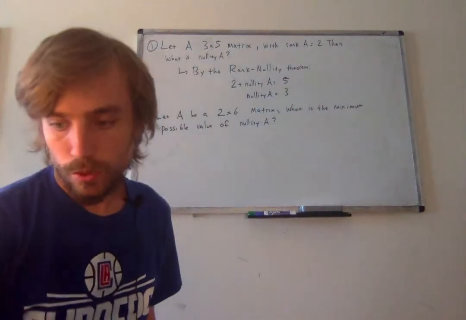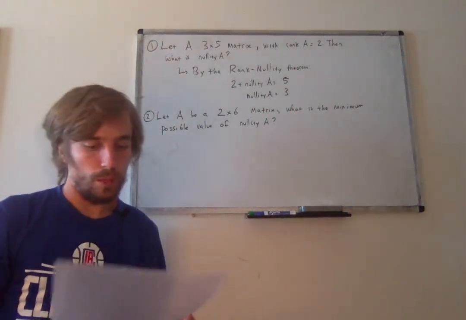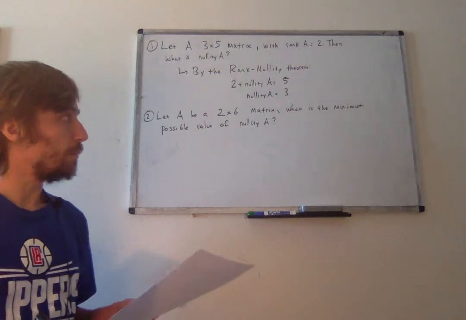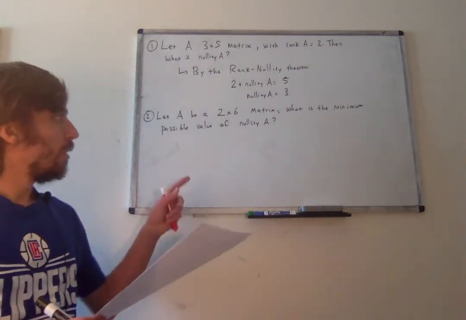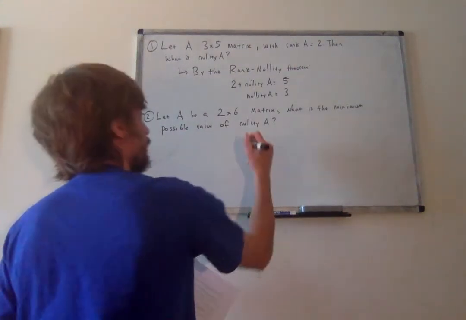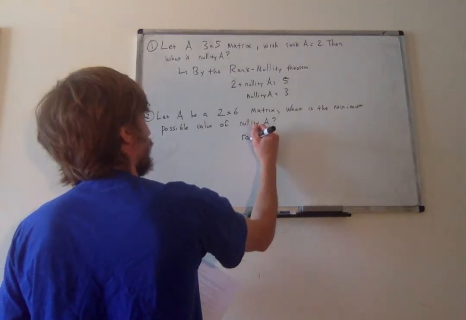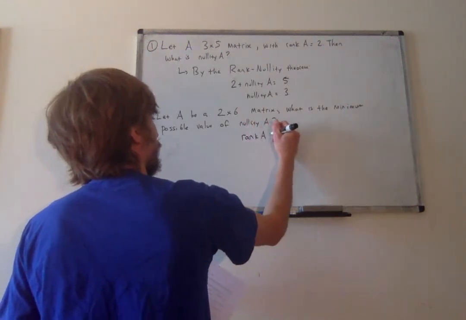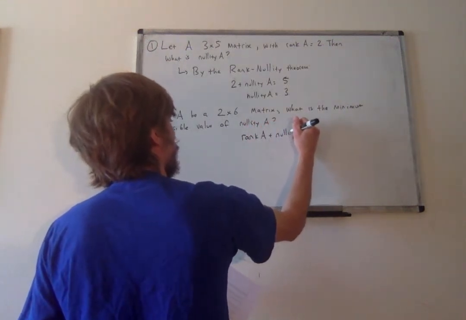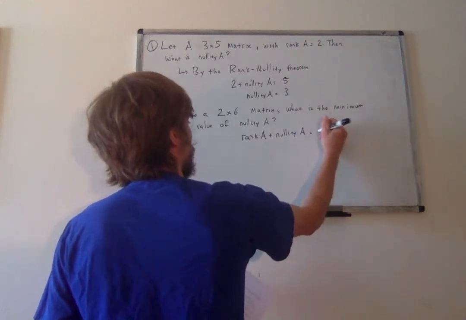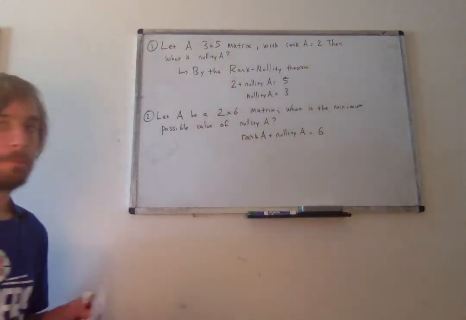So to answer this question, this is of course the minimum possible dimension for the nullity of A. So remember again, rank of A plus nullity of A is equal to 6 by the rank nullity theorem.